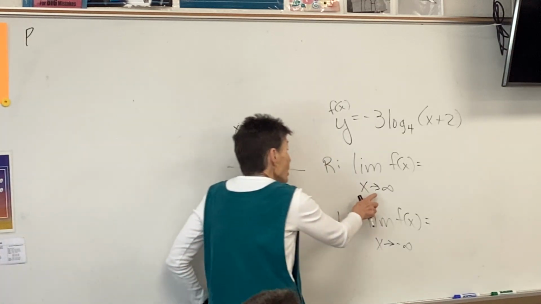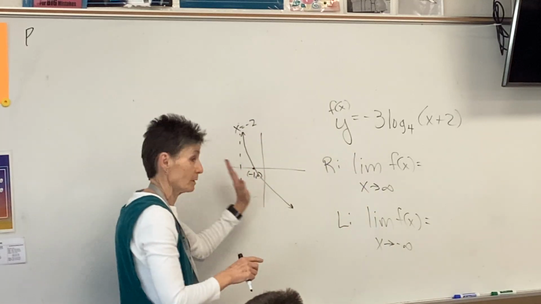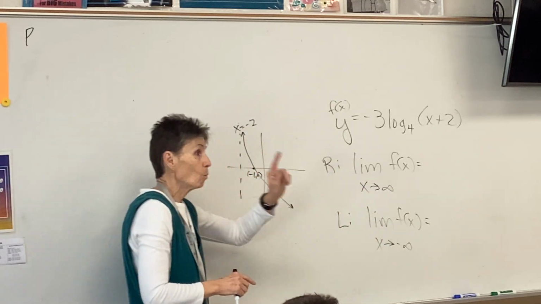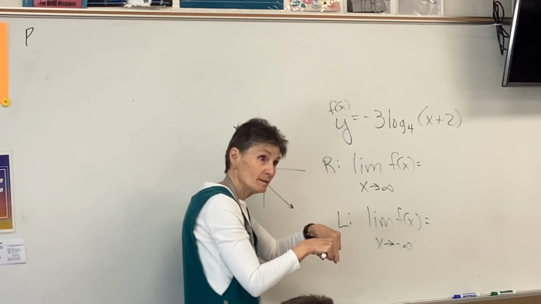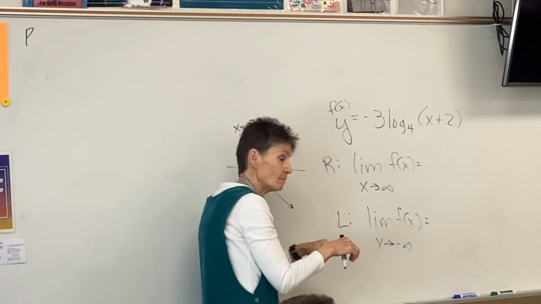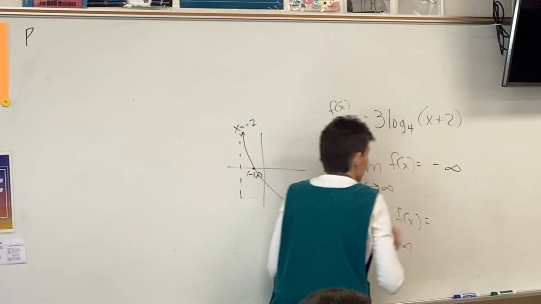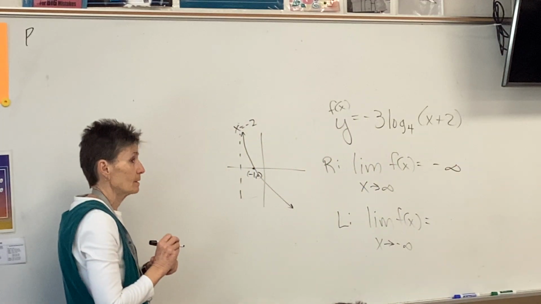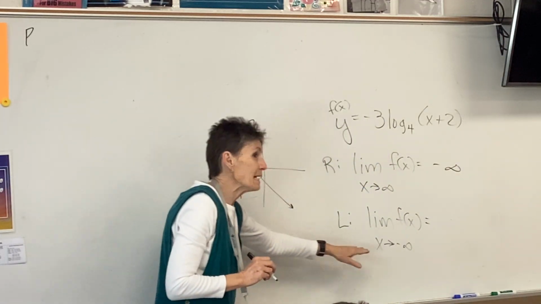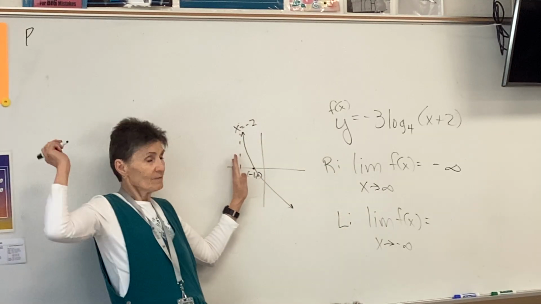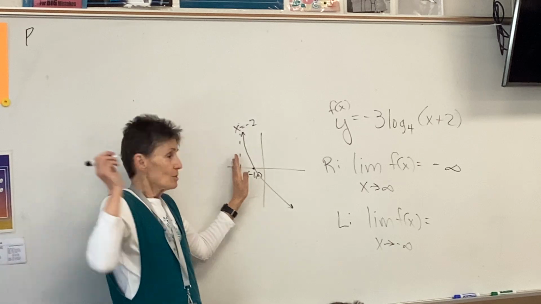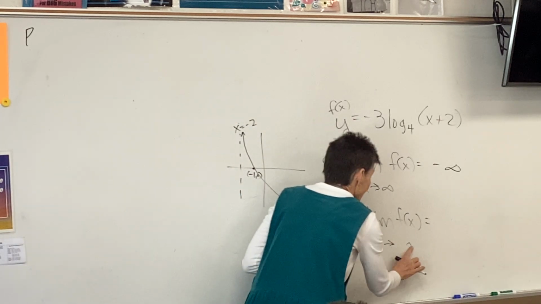Now, can I go to infinity? Absolutely. There's the arrow. What happens as I go to infinity? I'm going down. Can I go to negative infinity? No, there's a wall here. Negative infinity is over here. So my limit is not going to be negative infinity.